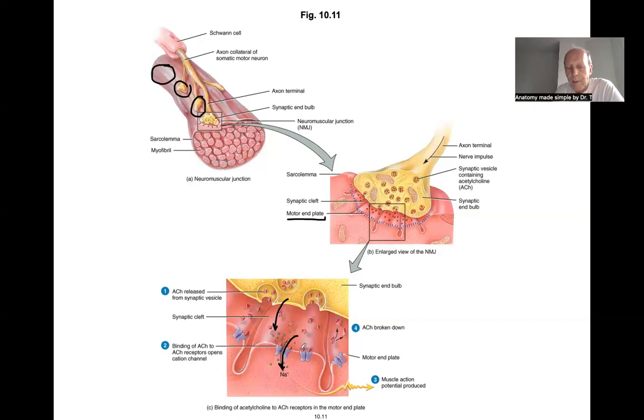What happens to acetylcholine? Well, I was waiting until this point so we can go through both the nervous system synapse and also the neuromuscular junction to address this as something fairly important.